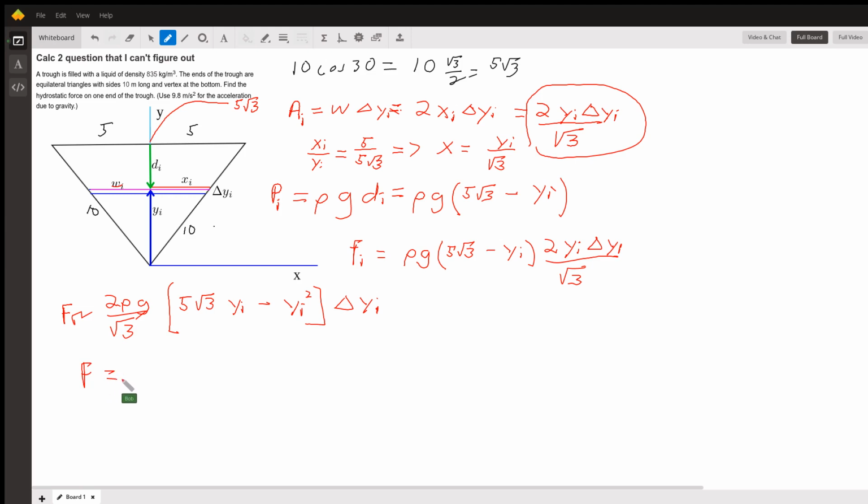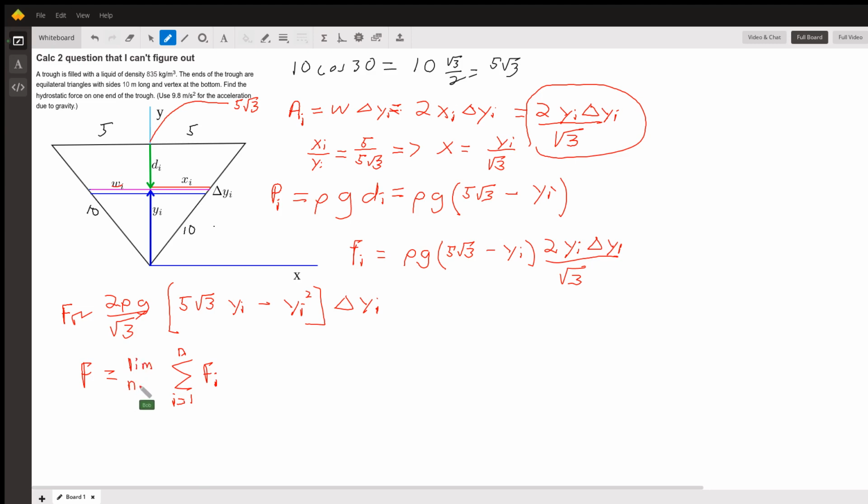the sum. Oh, maybe back up. It's going to be the sum of all the forces, or of the force from all the slivers, as we make the slivers smaller and smaller to the point that they're infinitesimal.